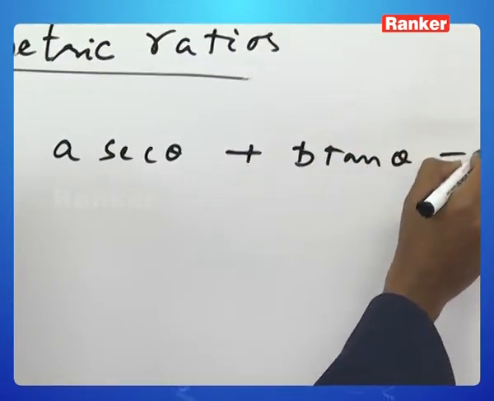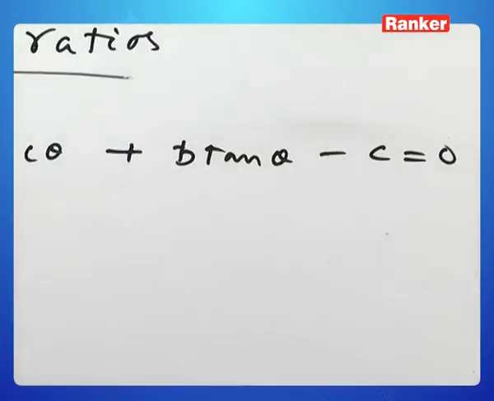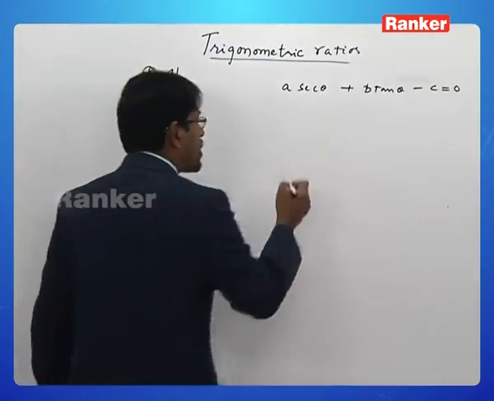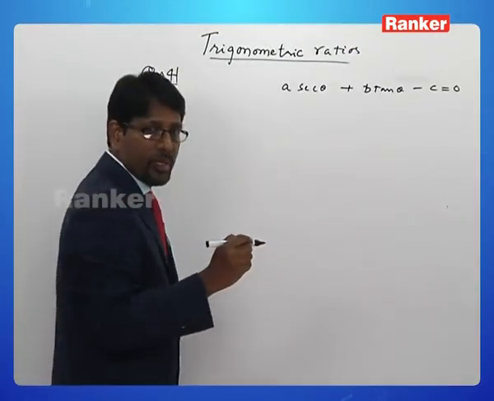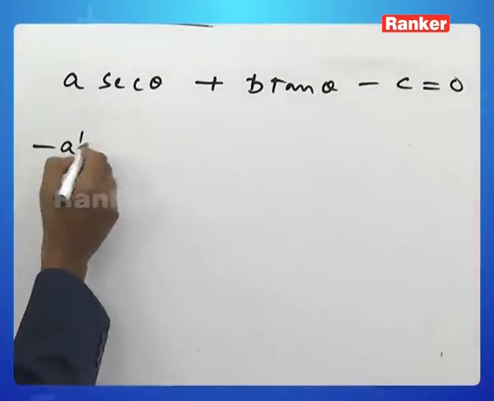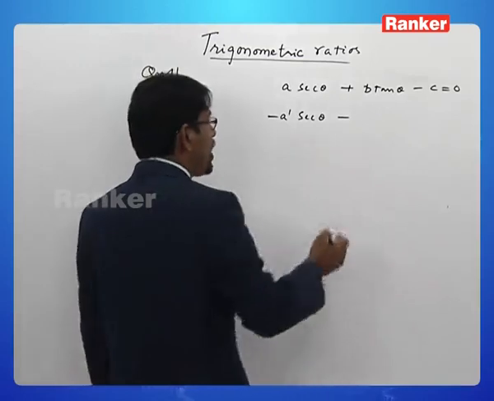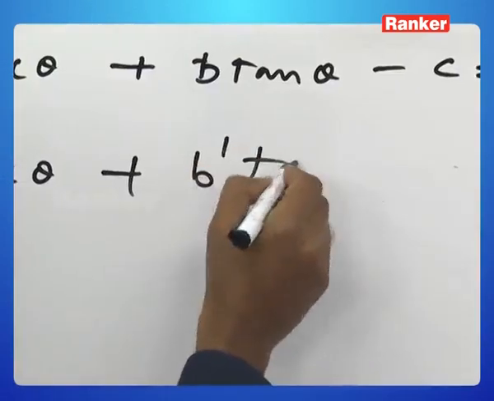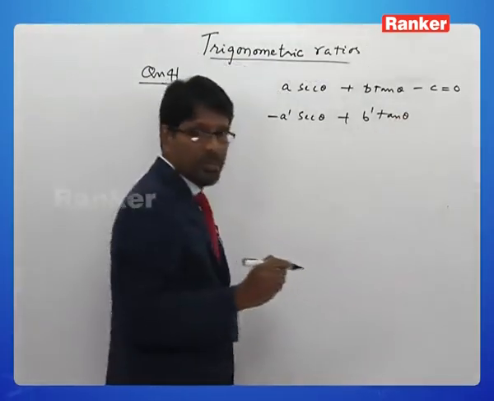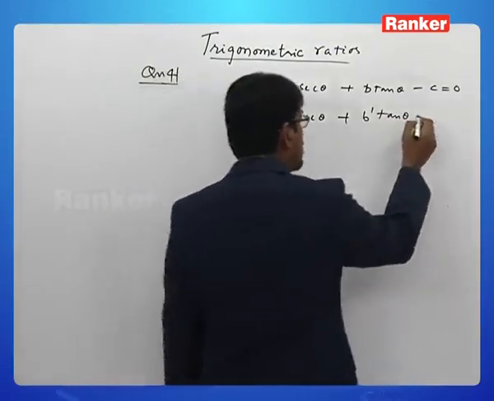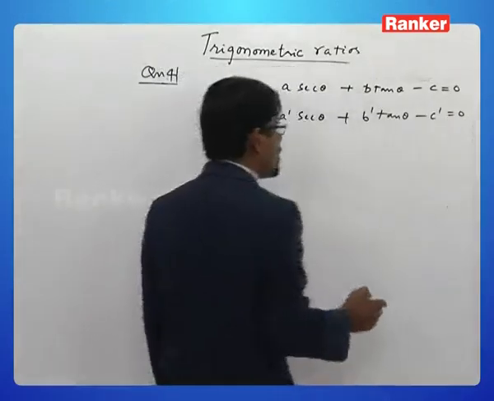We are given the equations a secant theta plus b tan theta is equal to c. So we'll write it as minus c equal to 0. Now the second equation is written like this: minus a dash secant theta plus b dash tan theta minus c dash is equal to 0.